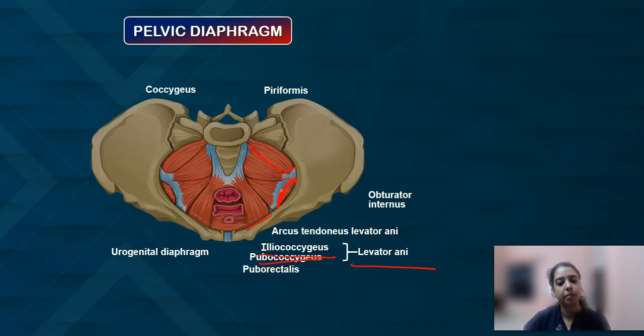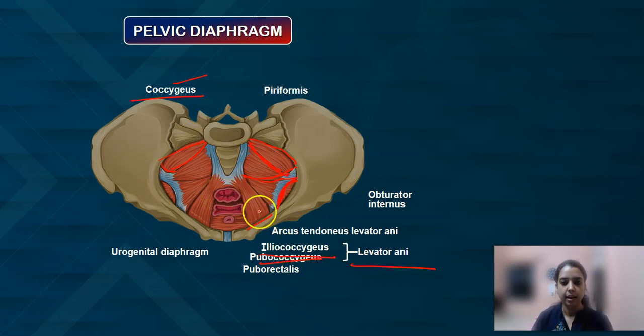Some consider it to be a part of levator ani, some consider that it is separate, and they call it coccygeus. Whether it is part of levator ani or not, it does form the pelvic diaphragm. This whole muscle sheet is the pelvic diaphragm. So levator ani plus coccygeus is forming the pelvic diaphragm, right? And the muscle piriformis in the back is not forming the pelvic diaphragm. So everything above the pelvic diaphragm is pelvis, everything below is the perineum, right?